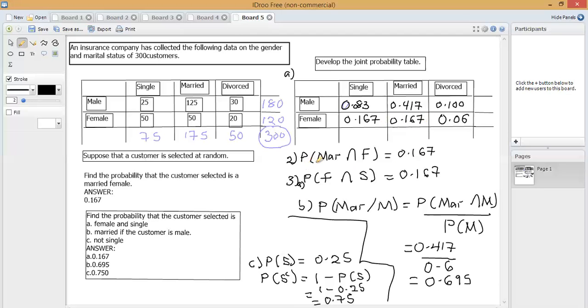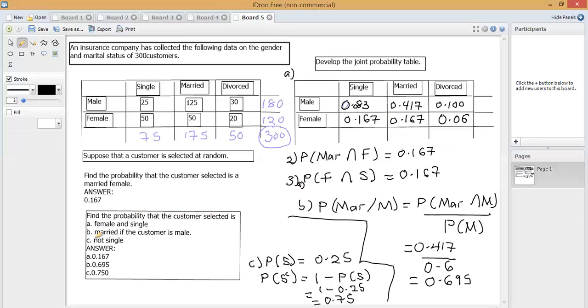So probability of married and female is 0.167. Question 3. Find the probability that the customer selected is female and single, intersection female and single. So 0.167, exactly that, female and single.